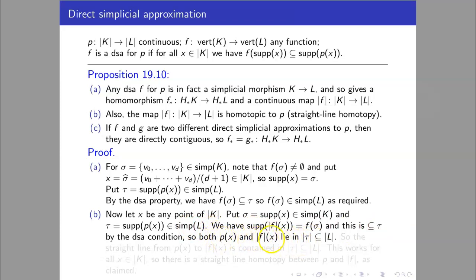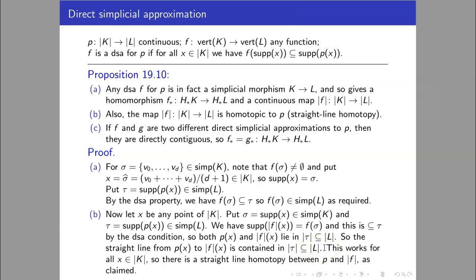In other words, these are both points lying in the geometric realization |tau|. And so it follows that if we draw a straight line from p(x) to |f|(x), then that's also going to be contained in this simplex |tau|, and so it's going to be contained in the realization of L. And that works for any point x in |K|, and so we can just do a straight line homotopy from p to |f|. So that proves this claim B here.